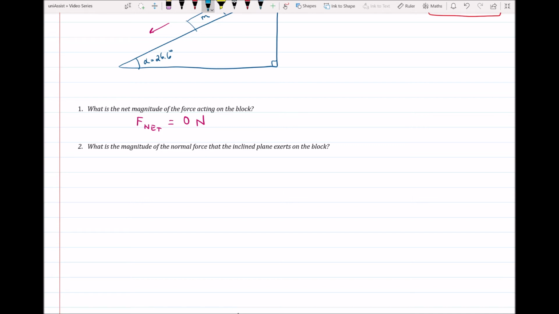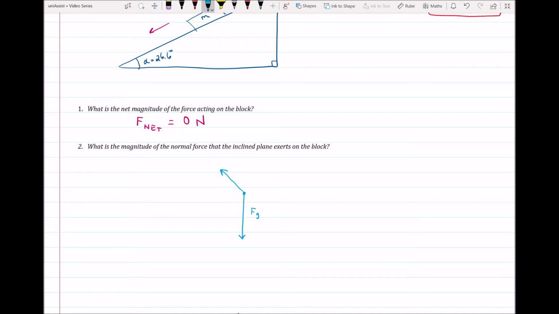I like to represent my mass as a single point, and then draw all the forces that are acting on the mass. The first force, which I think is always the simplest, is my gravitational force, which acts directly downwards on my mass, and I will call that Fg. Then my normal force is the force that is opposite to what keeps the mass on the plane from moving.